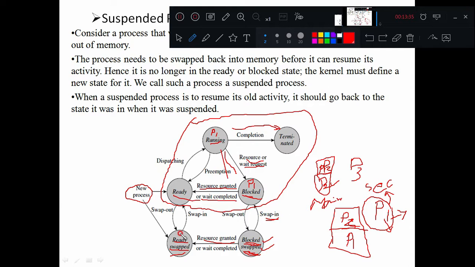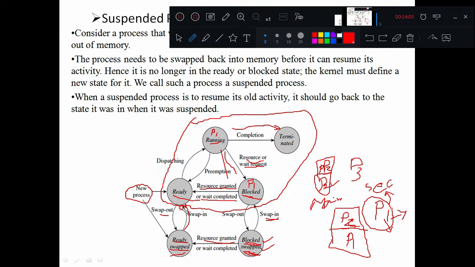Now once it enters into ready swapped, what will be the state after that process is swapped in? It will be equal to ready state, right? So when it was in ready state and is swapped out, it enters into a ready swapped state, and once it is swapped in, it will enter back into a ready state, right?